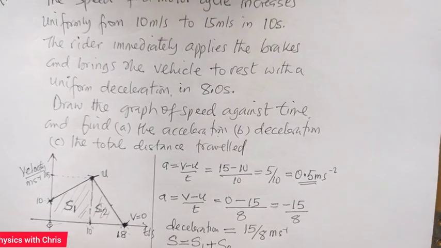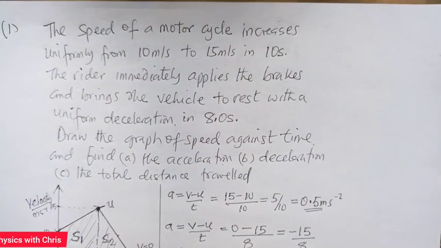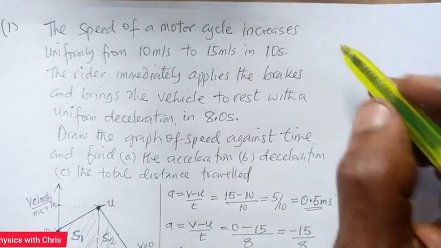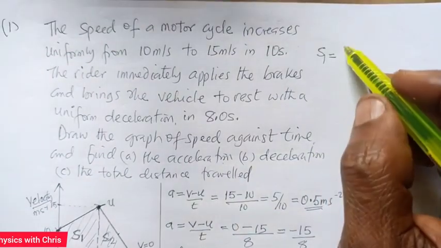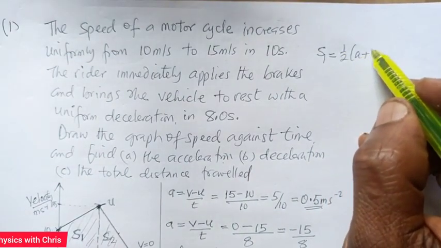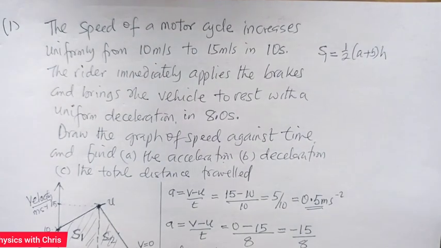So this is what I'm going to do to arrive at our answer. I need some space. I come here to find my S1. My S1 is half (a plus b) times h. That is the formula for calculating the area of a trapezium.